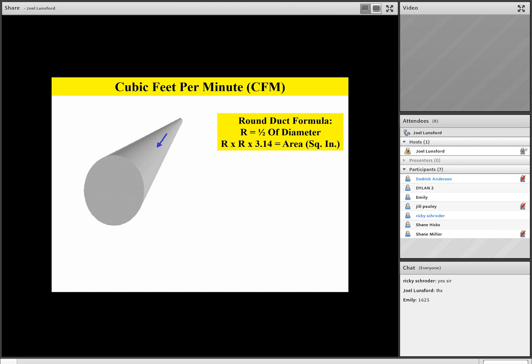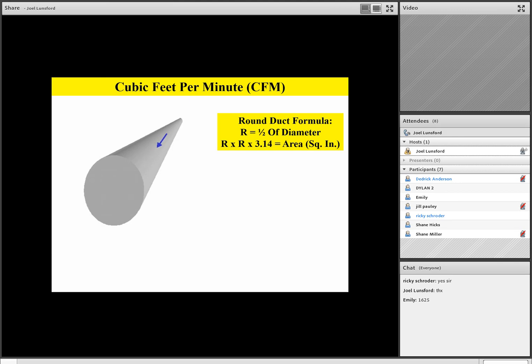By the way, that 3.14 is a number that goes out to infinity and never repeats itself. But for all practical field purposes, 3.14 is all the farther you need to take that constant for finding the area of a circle.